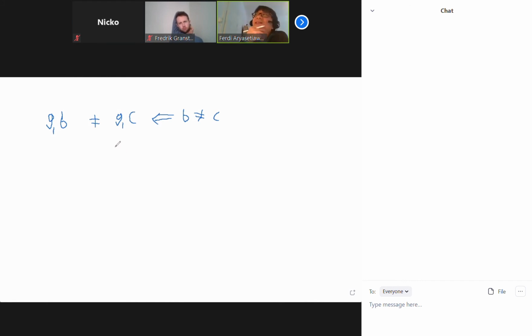Because we have agreed that if we multiply two elements, the product will be in the group, but we want to show that it is not possible to have this equality, G1B and G1C. So then by going through the different B, we will exhaust the group elements, and then one of them must be 1. And that's the definition of inverse. So if G1B is equal to 1, then B is the inverse of G1. Okay, so we just want to show this.